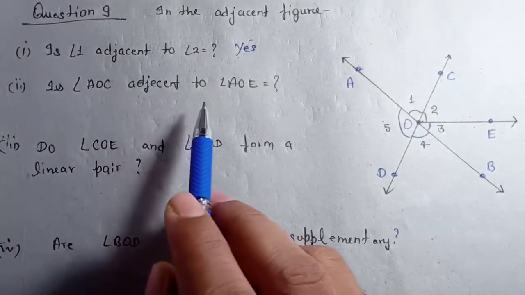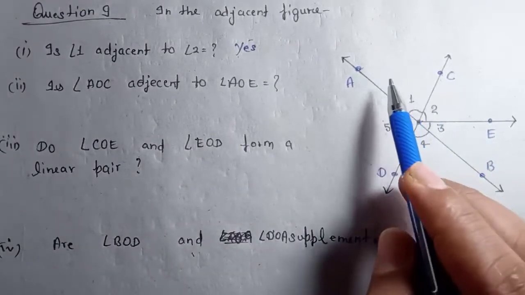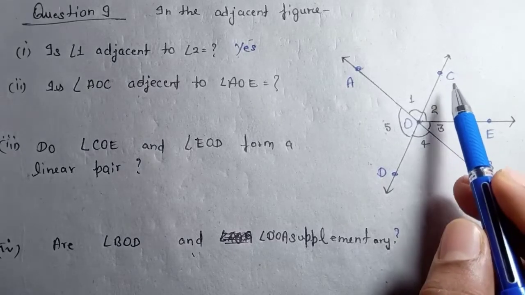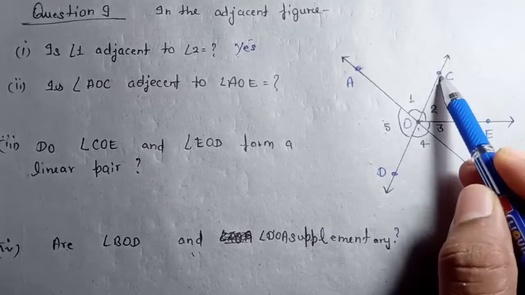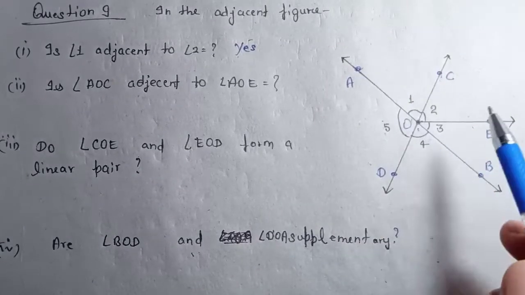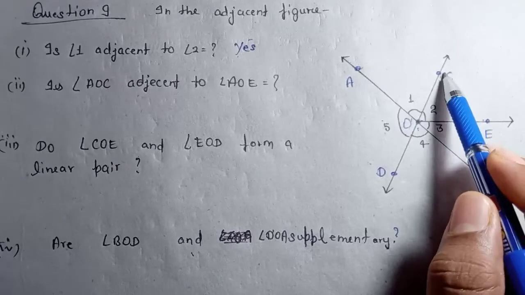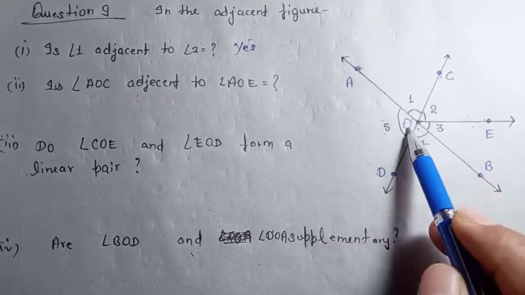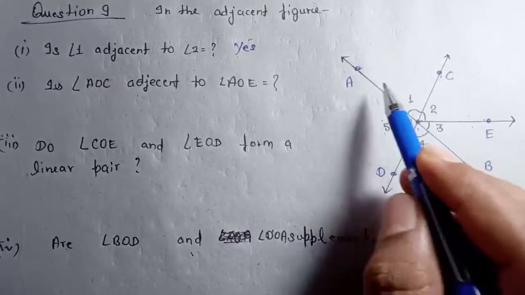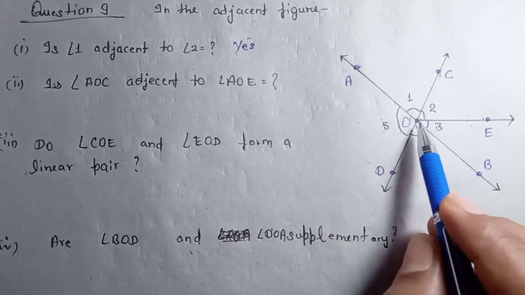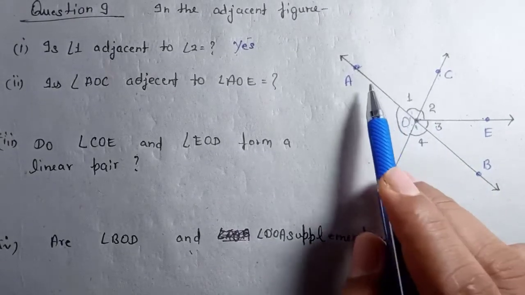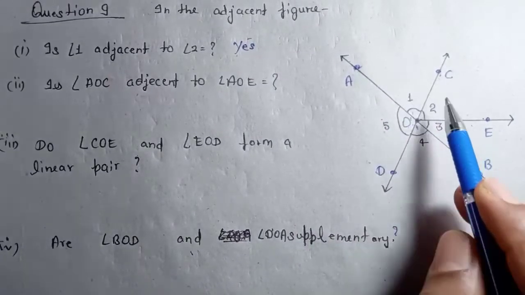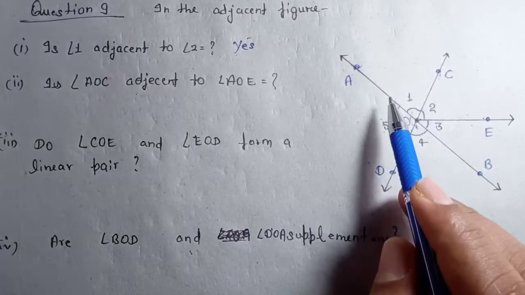Is AOC adjacent to AOE? When you talk about AOC and AOE, you can see AO is the common arm and O is the same vertex, but you can see these two non-common sides lie on the same side of the common side.